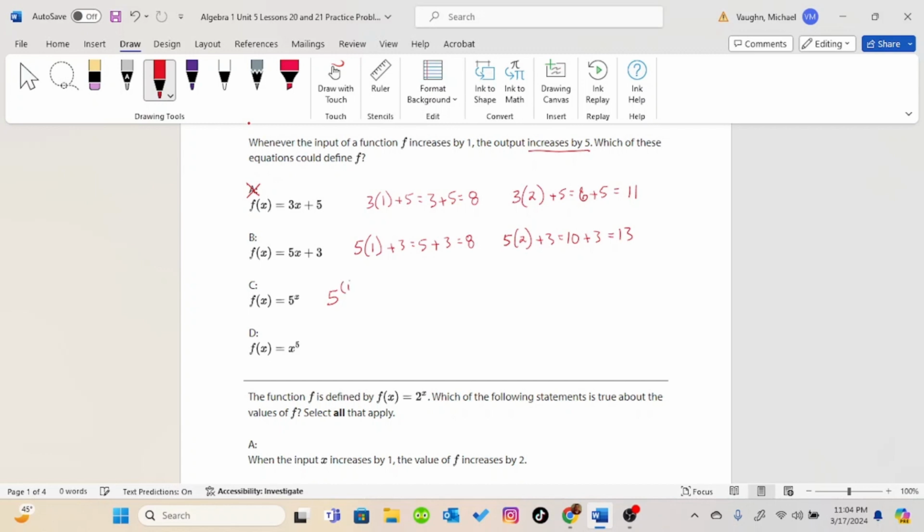5 to the power of 1 is 5, and 5 to the power of 2 is 25.